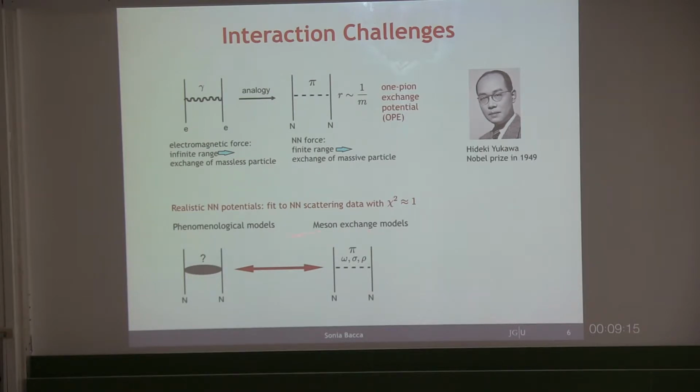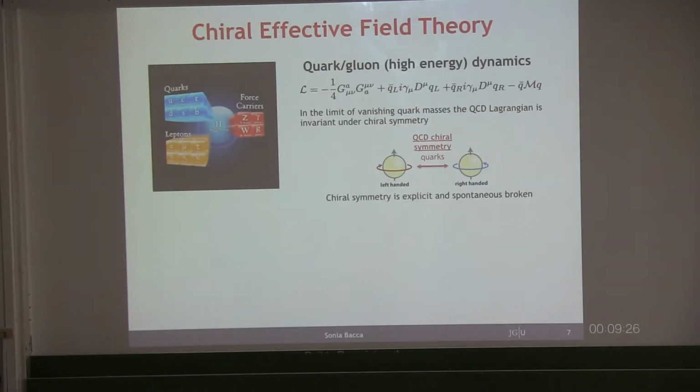Let me say, though, that these two methods are still used, but they belong more to the past, because the new kid on the block is chiral effective field theory, which is a way we have to connect nuclear potentials as much as possible to the fundamental theory of QCD.